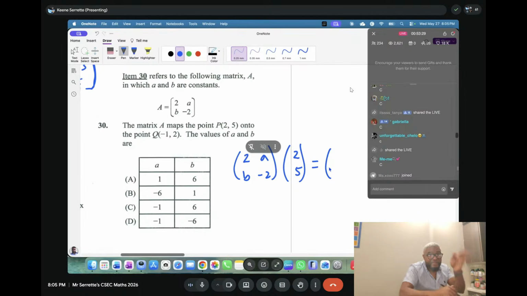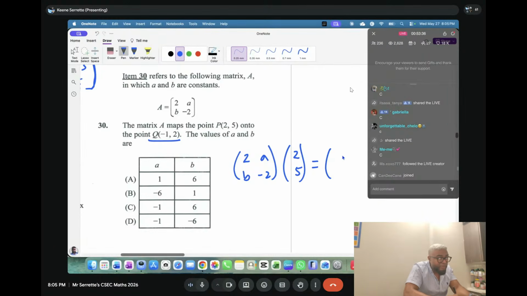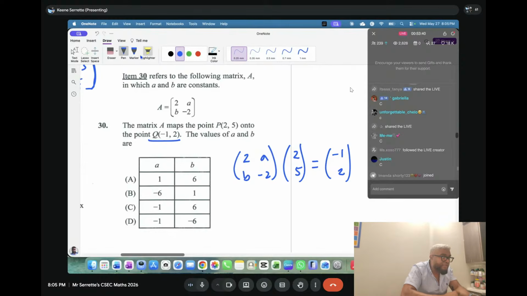Vector form is like this: you're writing your coordinates vertically. So I'm going to write negative 1 and 2. Row by column is going to be equal to this here.